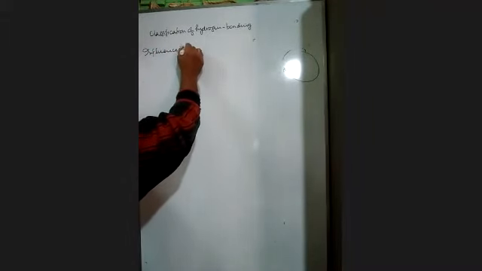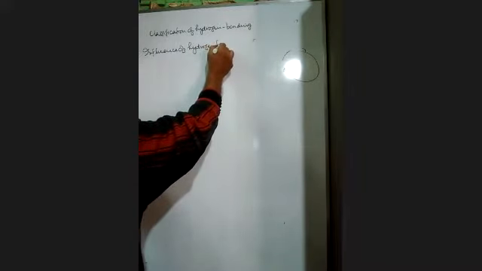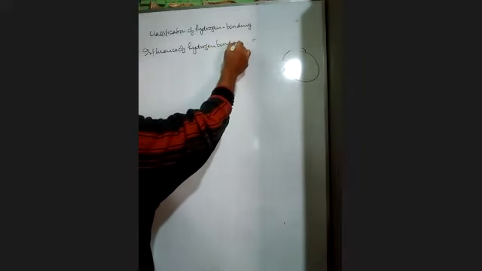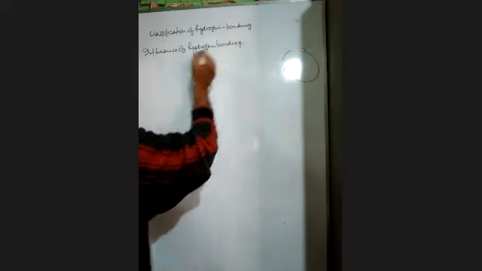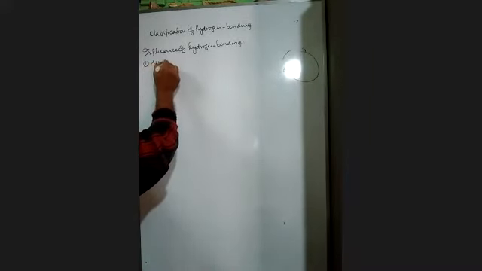See, hydrogen bonds are very weak, but when hundreds and hundreds of such bonds are present, the total strength becomes very, very high. Okay. Now we'll see the influence of hydrogen bonding. First one is association.